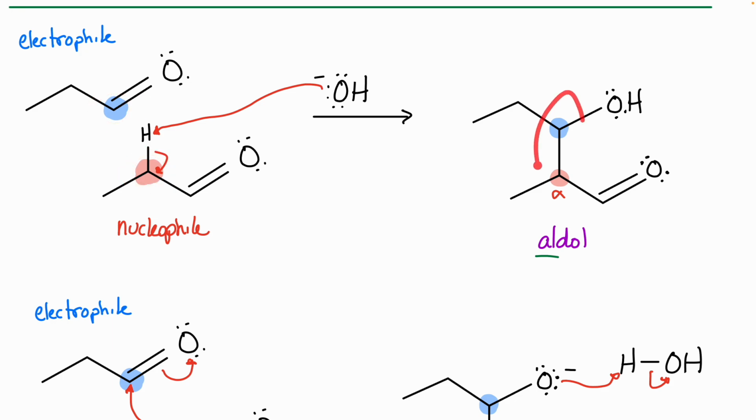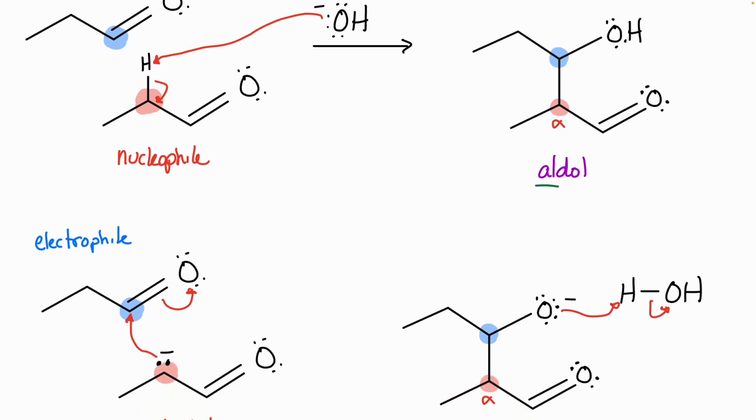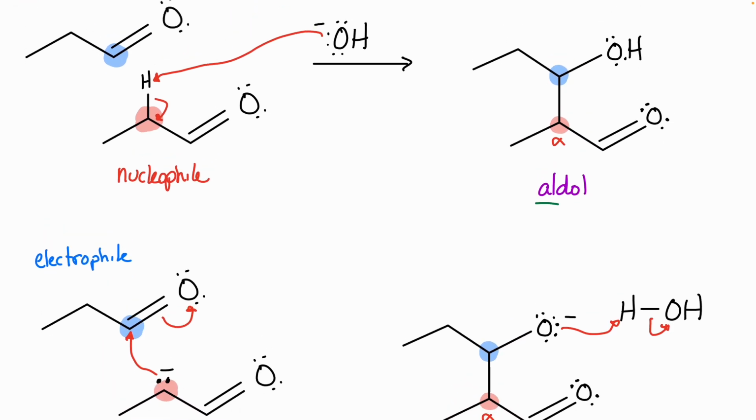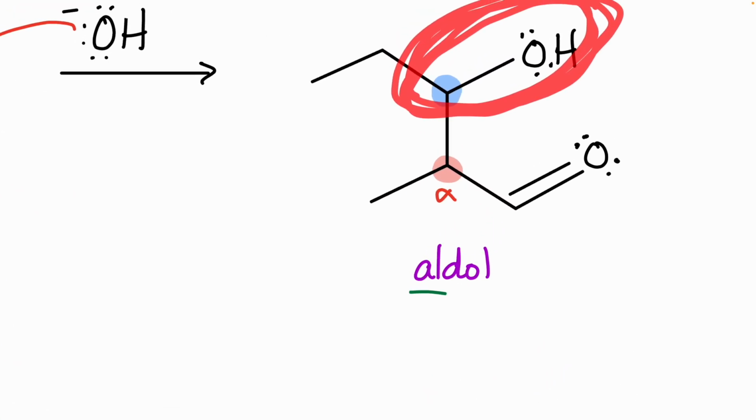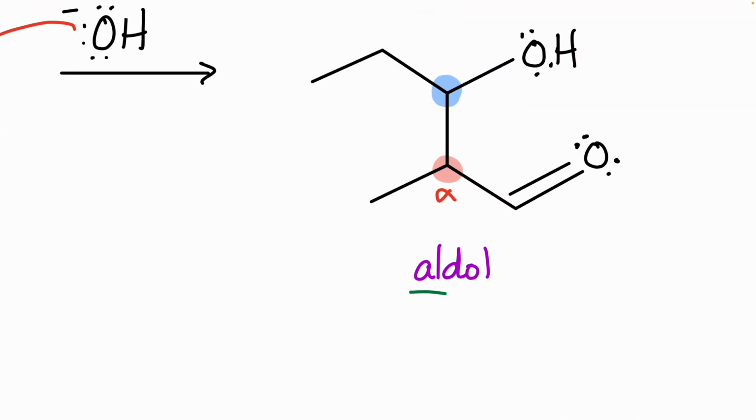And so we get this new bond between the alpha carbon of one and that formerly carbonyl carbon of the other. We get that same tetrahedral intermediate that we've seen before, and we protonate that to form our alcohol here. What was formerly your carbonyl carbon now has an OH group on there instead of that carbon to oxygen double bond.